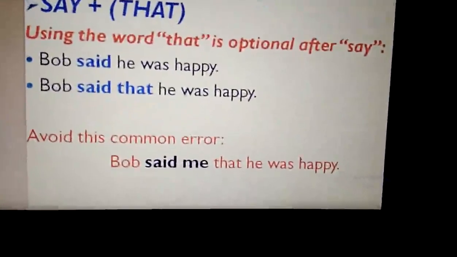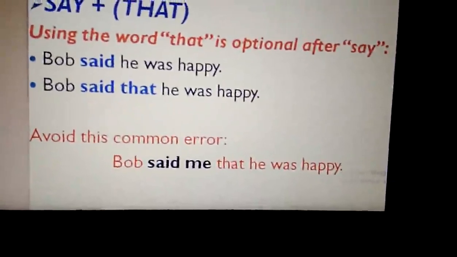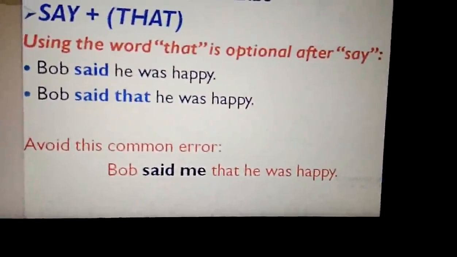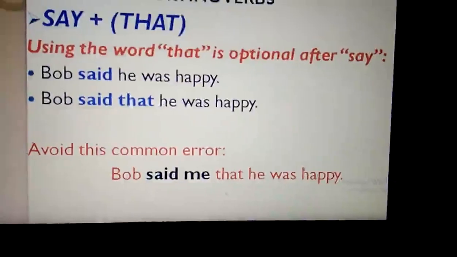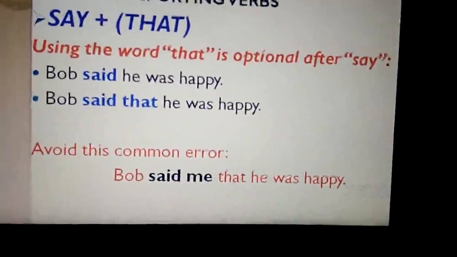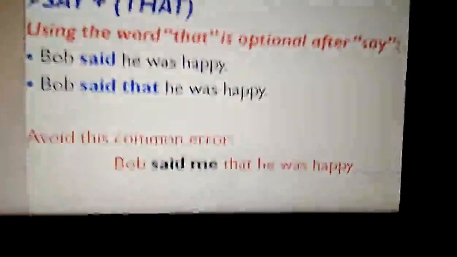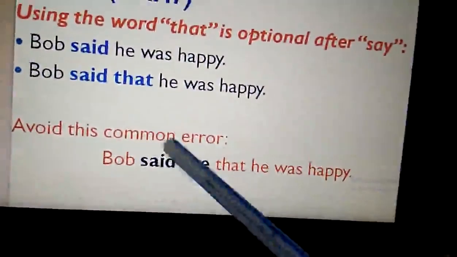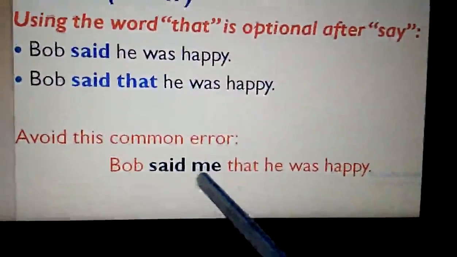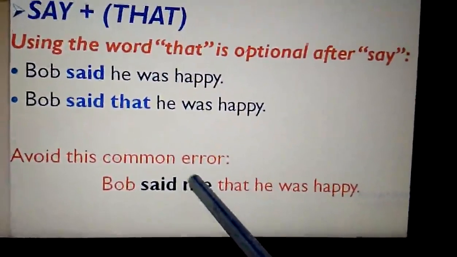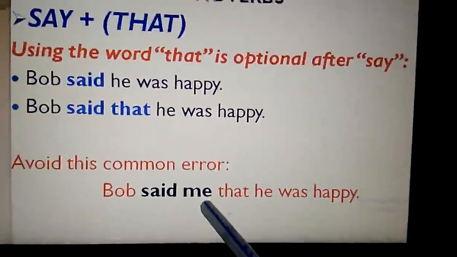And here, one common error which everyone makes is Bob said me that he was happy. In this example, after said, they have used the person, that is, the object. Usually, that is an error which people make. It means after said, we should not use the object immediately.